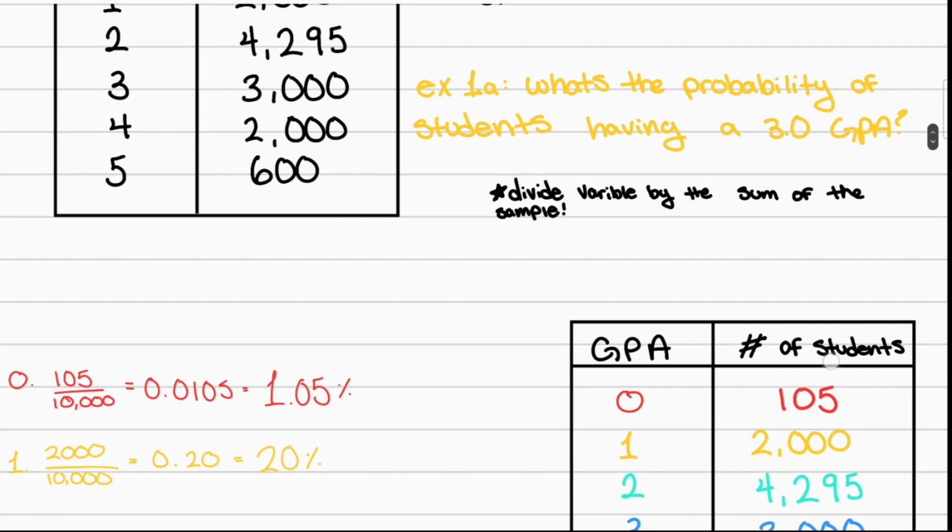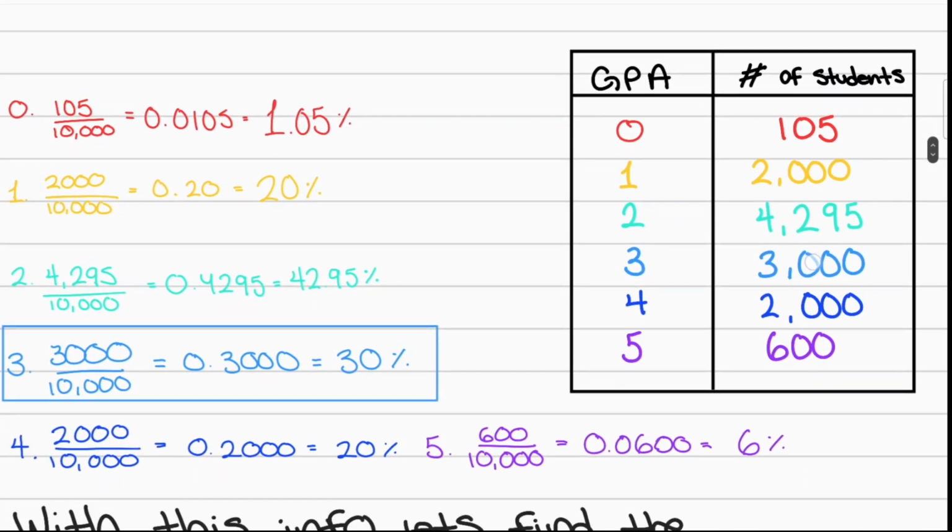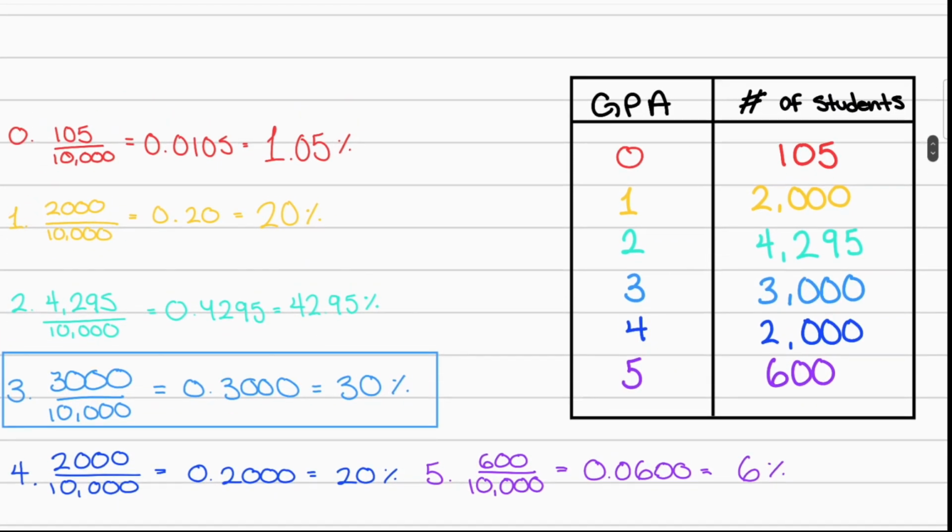So what you should have done was, for value 0, divide the 105 by the 10,000, which will result in 0.0105, about a 1% chance. So these values are basically the percentage chance of having this sort of GPA.